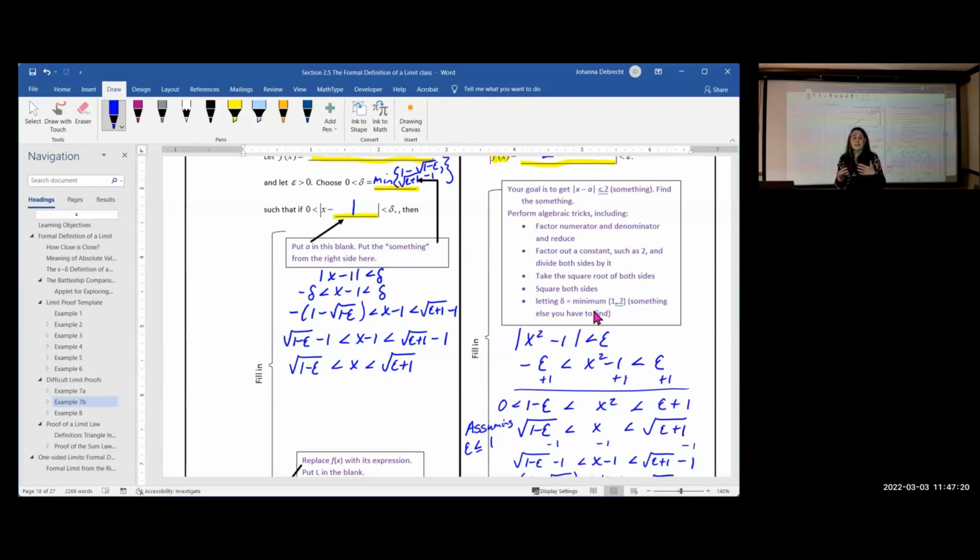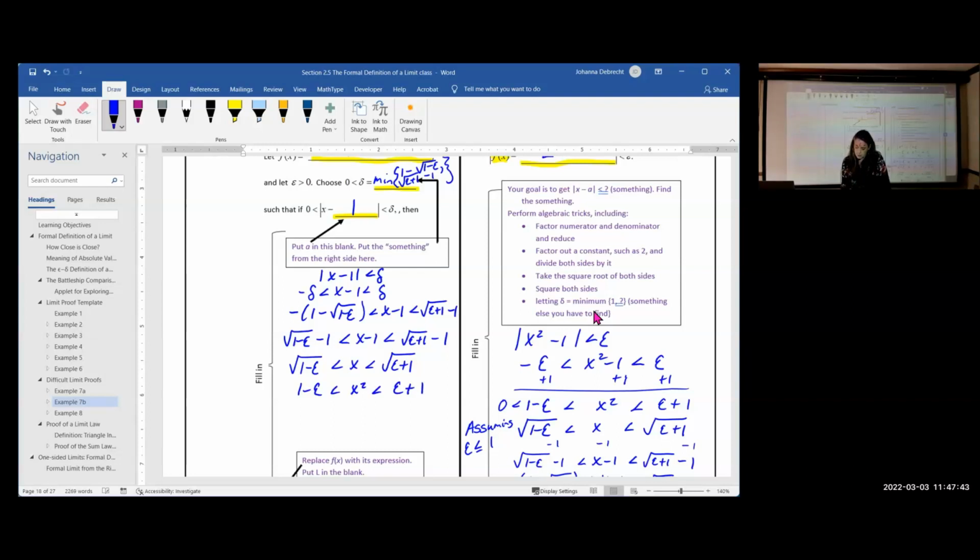The next step, of course, is to square all 3 parts. Note that these are guaranteed to be positive because epsilon is a number greater than 0, and we made the assumption it was less than 1. So we square all three parts, and we get 1 minus epsilon less than x squared less than epsilon plus 1.